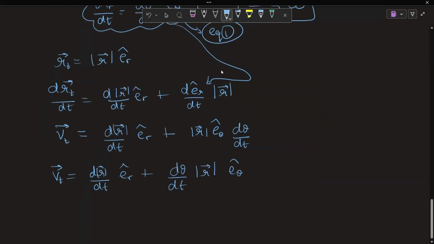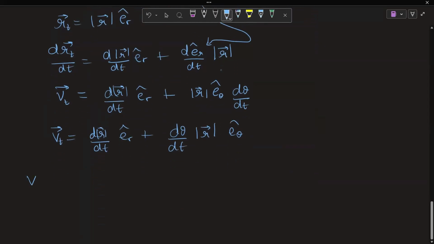So velocity currently has two components, one along r and one along theta. Along r, we can simply write dr by dt, the change in magnitude of the distance of the particle from the origin. And for the component along theta, we can write it as r into omega, which is basically r d theta by dt.